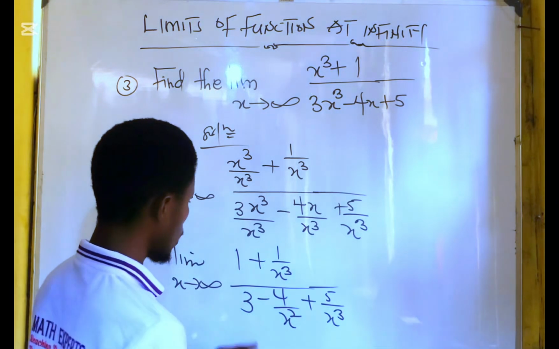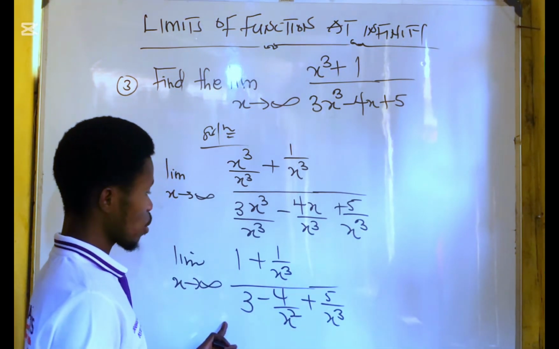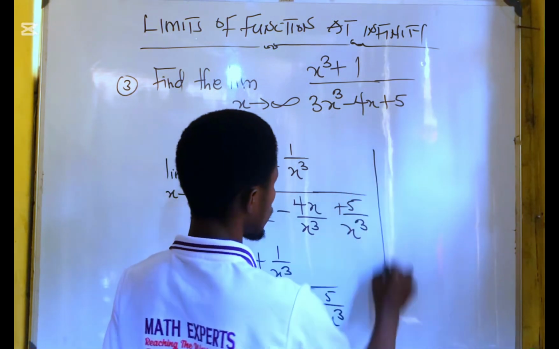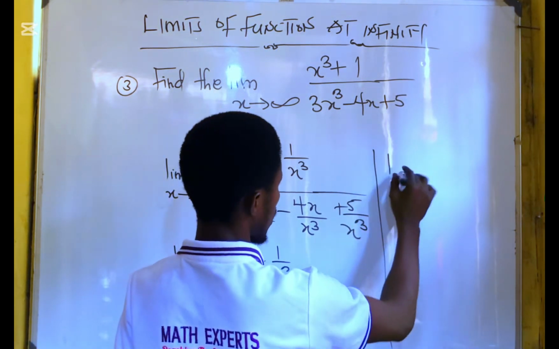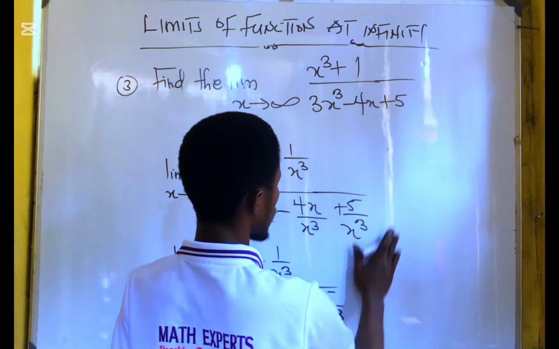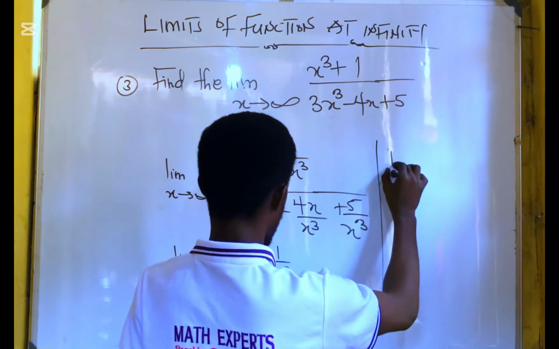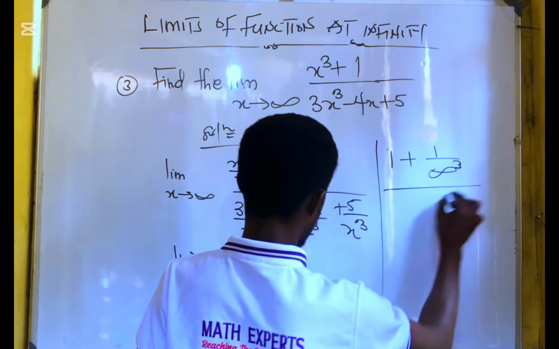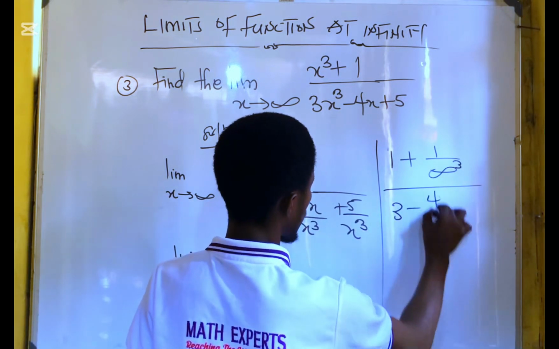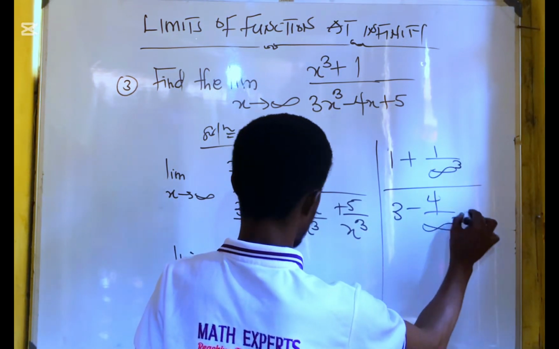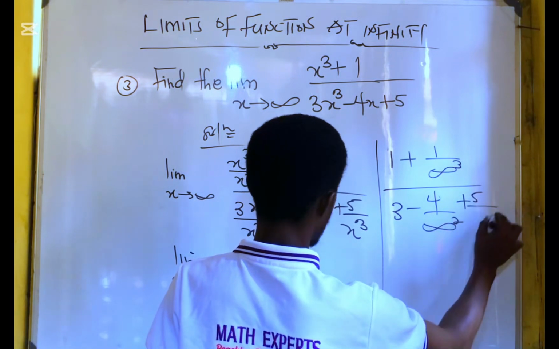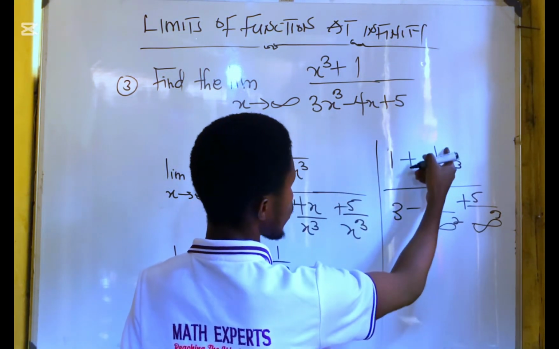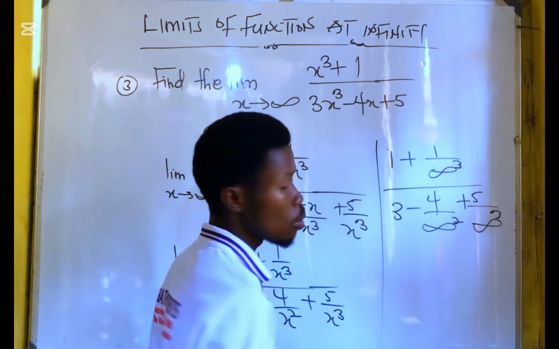Is that okay? In this case, we are now going to put the infinity sign here, and if we do so, the limit will not come again. So we have 1 plus 1 over infinity cubed, all divided by 3 minus 4 over infinity squared plus 5 over infinity cubed. 1 over infinity cubed will be what? 0.